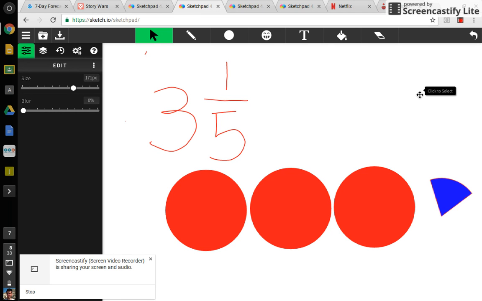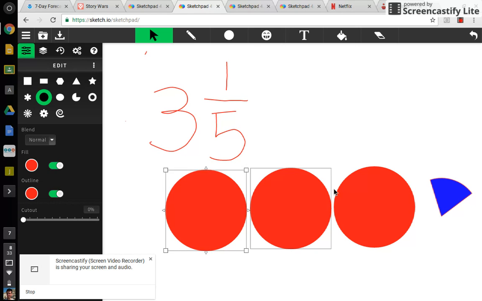How many whole pizzas do we have? We have 3 of them, and a little bit left over. Another way we could think about this is how many fifths of pizzas do we have? So instead of counting the whole pizzas, we could be counting the slices. The size of our slice is fifths. So let me go ahead and show you what that looks like.